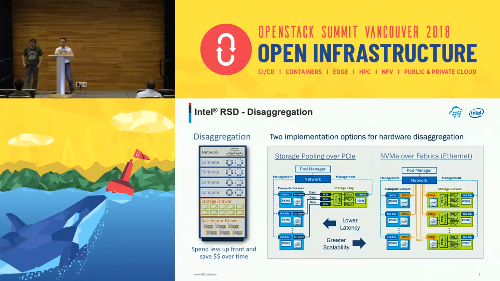The data channel is provided by NVMe PCIe channels between compute resources and the NVMe resources. Typically, there is an NVMe switch between compute and storage modules to enable flexible composition of the resources.